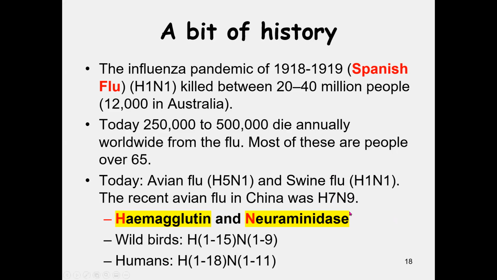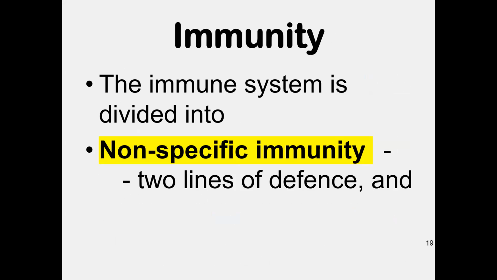But there are also the variations, like this Chinese one here, H7N9. You may see them in the papers as well, listed with these numbers, just so you have an idea where that comes from. Okay, so I'll get back to that later.